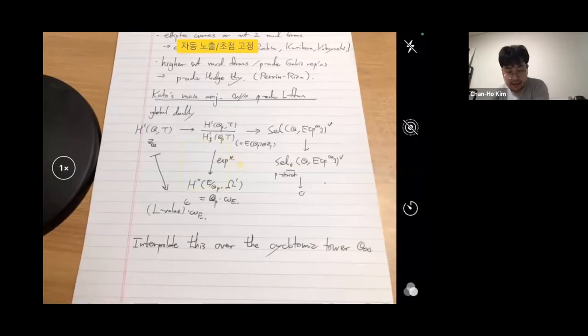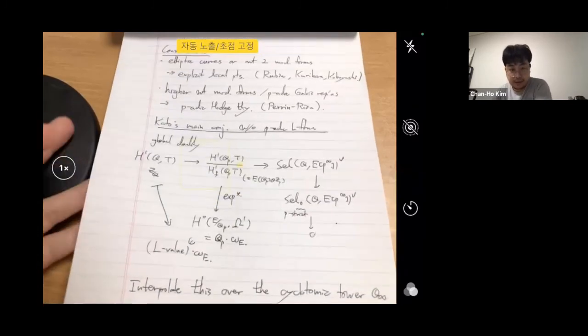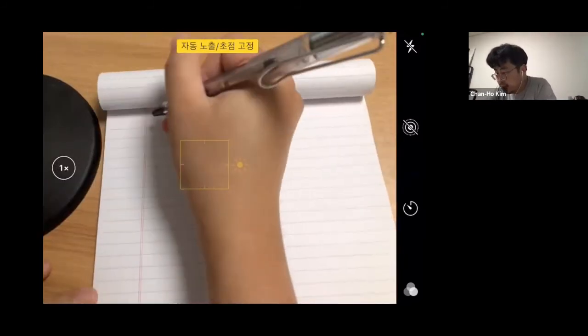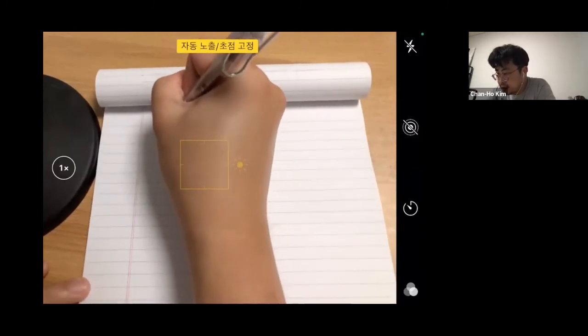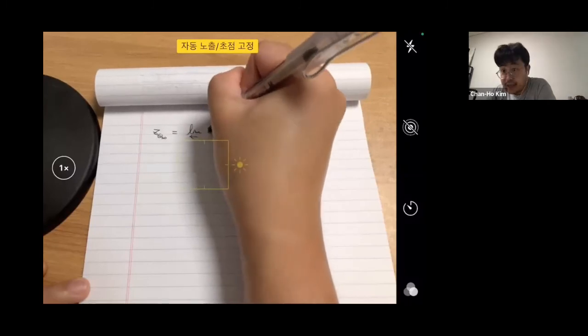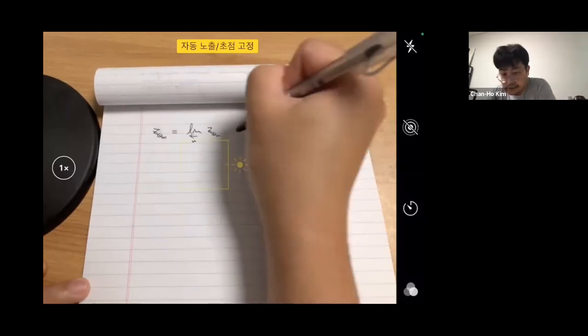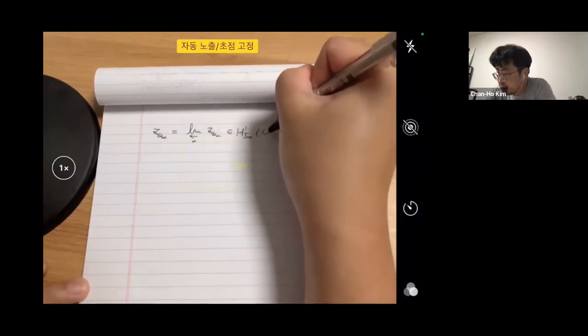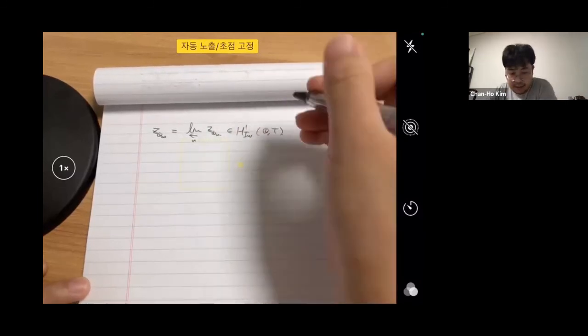Okay, and then z_Q-infinity is nothing but the inverse limit of z_Qn with respect to co-restriction. So the Iwasawa cohomology, I have this.